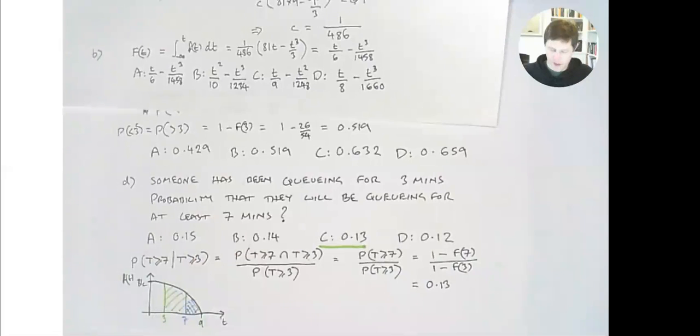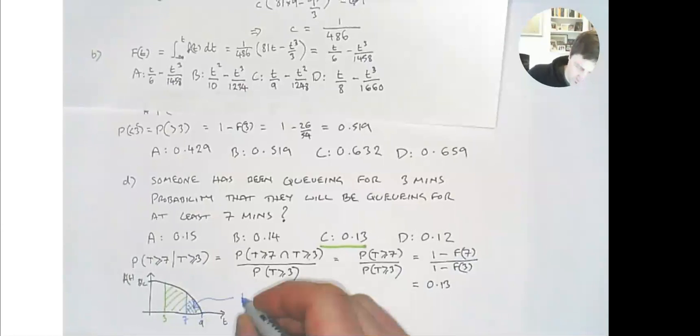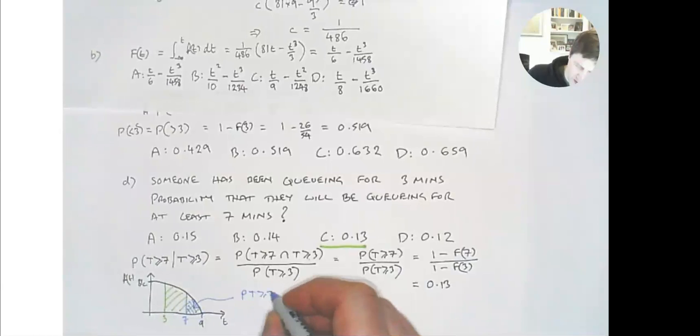So you can see that all of the green area is all the people who've waited at least 3 minutes. And then the fraction of them who wait more than 7 minutes is that fraction there. So that area there is the probability of people waiting more than 7 minutes.